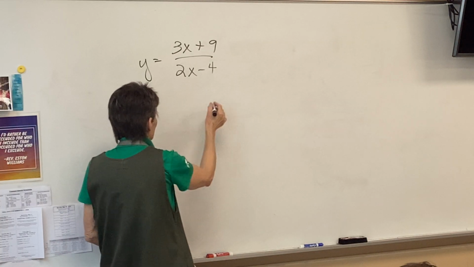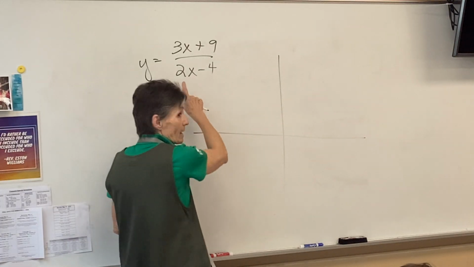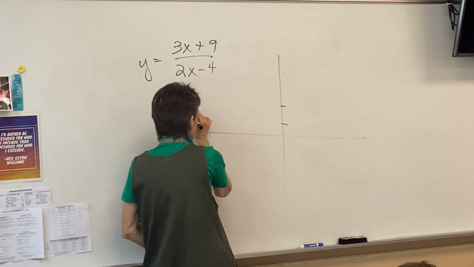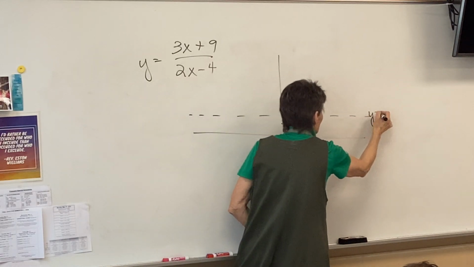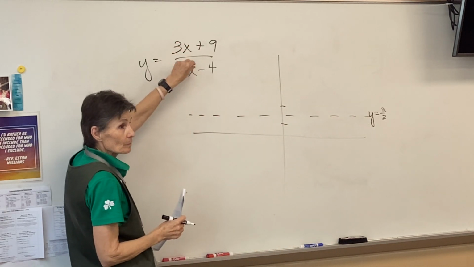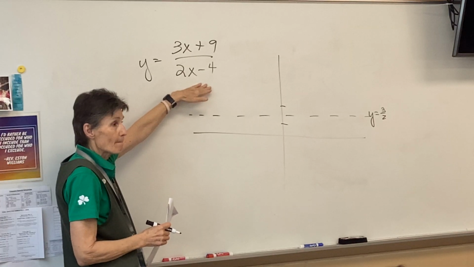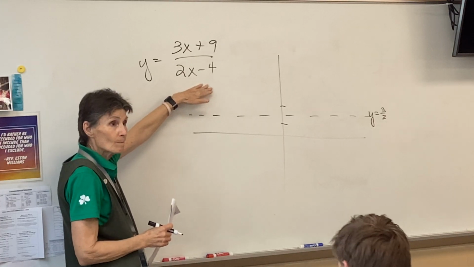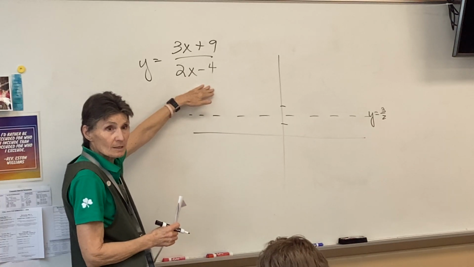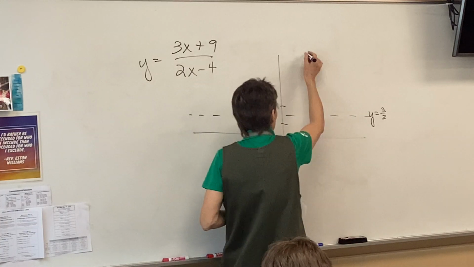We have a horizontal asymptote at 3/2, is that what you meant? Yeah. And we know that because of this right here. Where's our vertical asymptote? At 2. Because vertical asymptotes make the denominator 0. So our vertical's at 2.